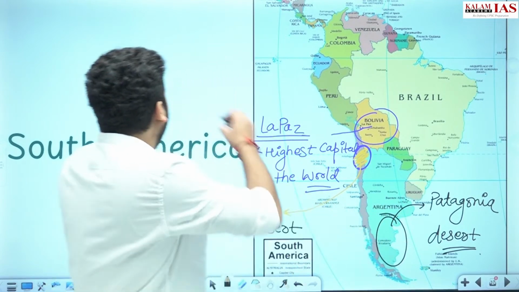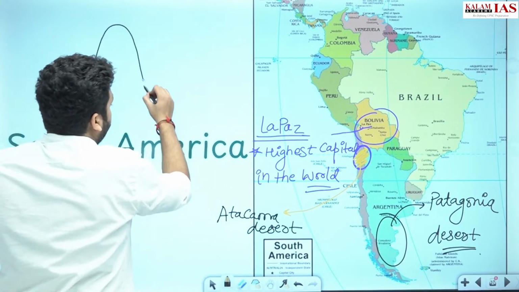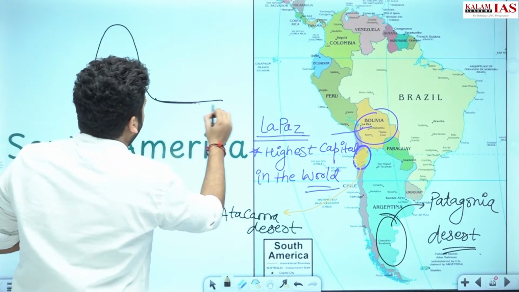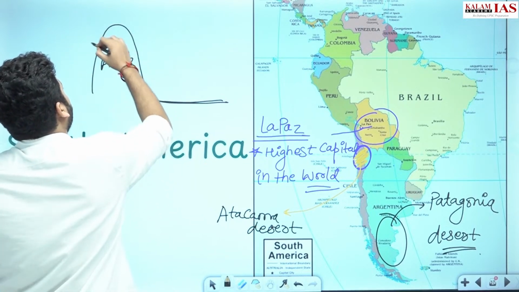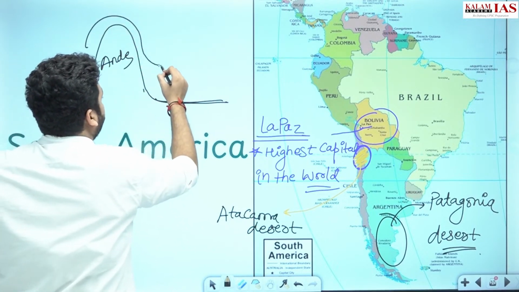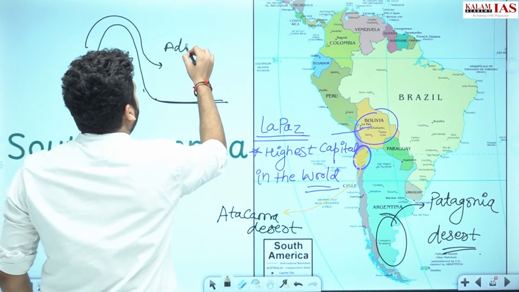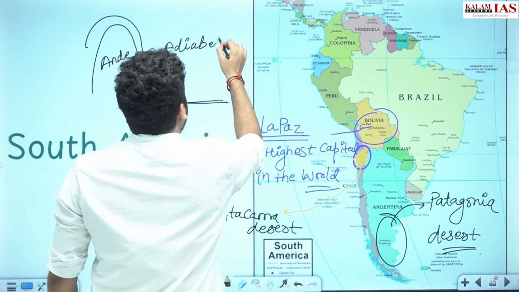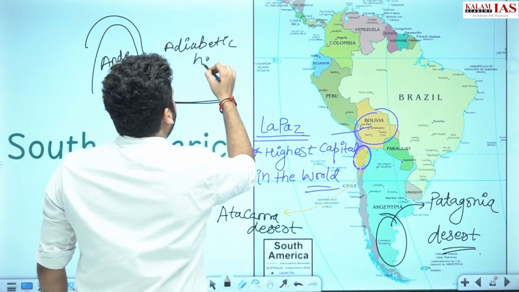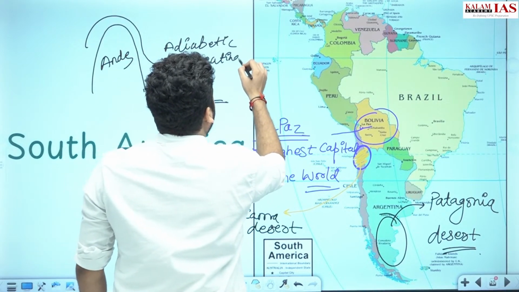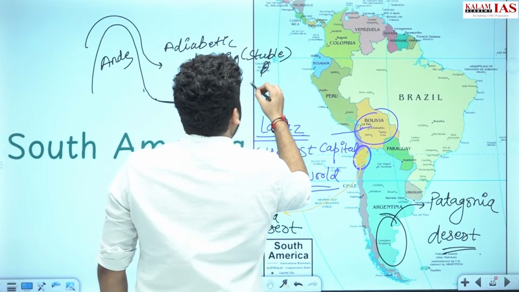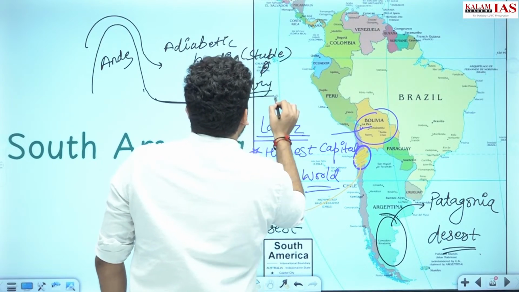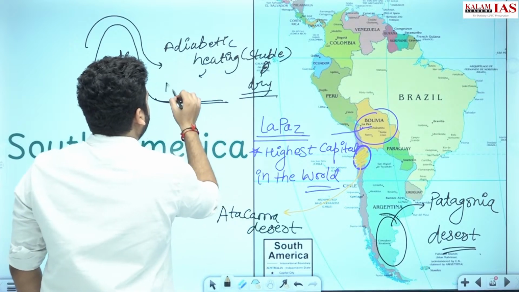Piedmont Plateau means, for example, these are mountains, the Andes, and at the foot of the mountain, when the air comes, it descends. This leads to adiabatic heating, stable conditions, and dry conditions. No rain.